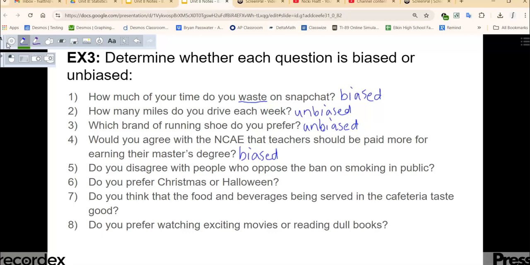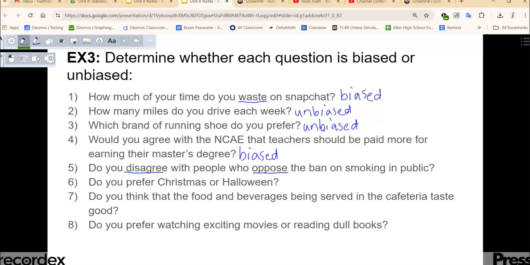Number 5, do you disagree with people who oppose the ban on smoking in public? The problem with this one is that it has disagree, which is negative, and oppose, which is negative again. It's a confusing question. You don't really know how to answer whether it should be a yes or a no, because if you disagree with the people who oppose the ban, then you really just are for the ban.